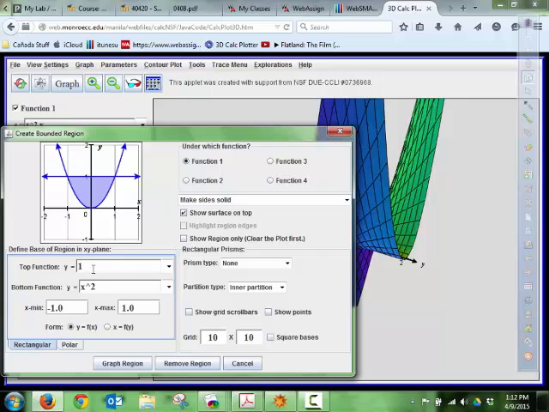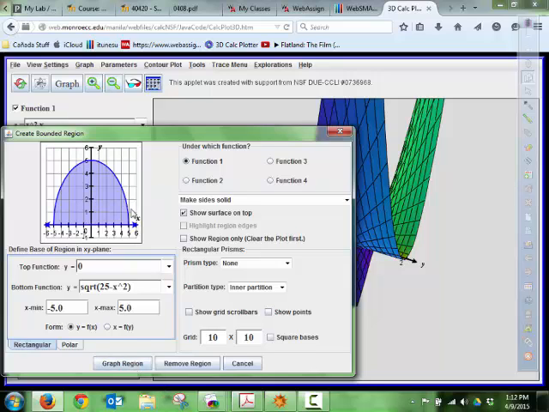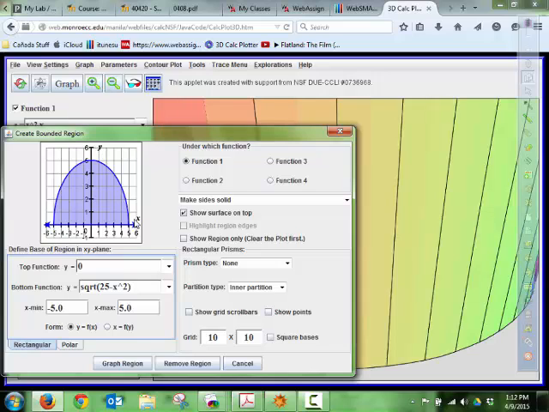So if we take a look at 0 and the square root of 25 minus x squared, from minus 5 to 5, then we see this is supposed to be a semicircle, but it's kind of drawing it to scale.